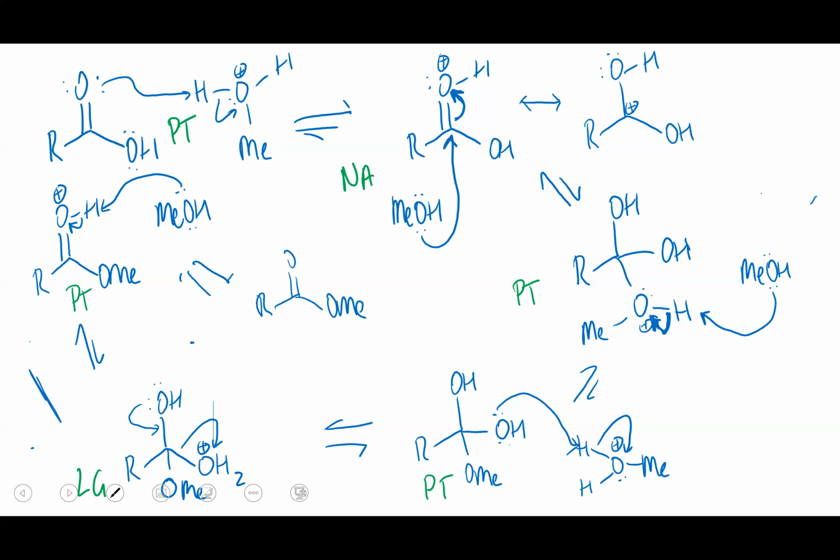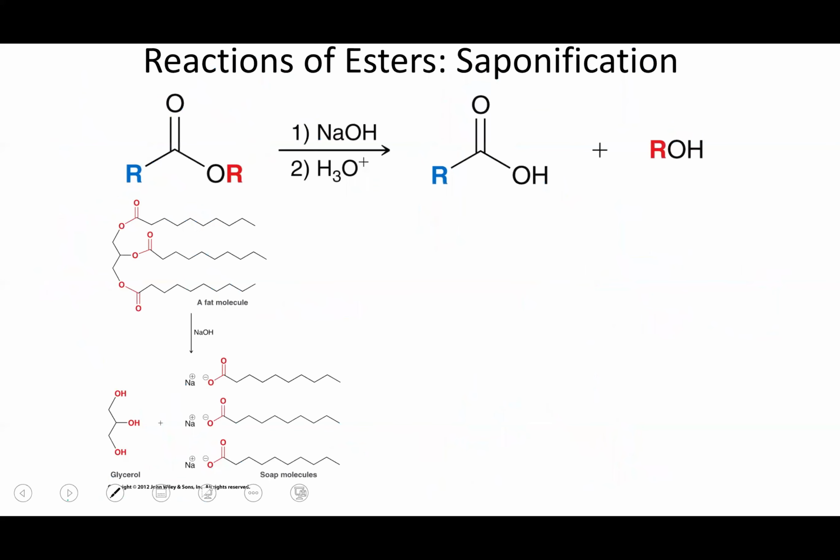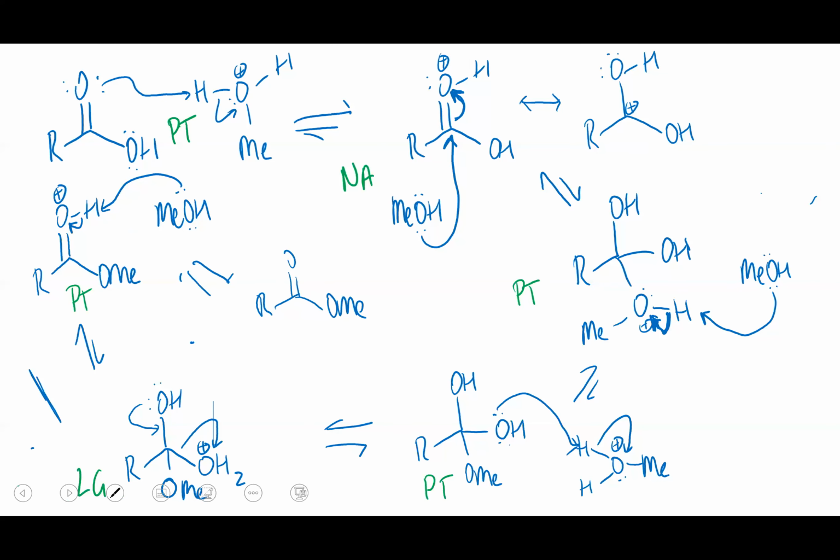Now, the reason why this mechanism is like this, let me go back a couple slides and just get a clean slide here. This has been proved by some isotopic labeling. So let me just show you this.